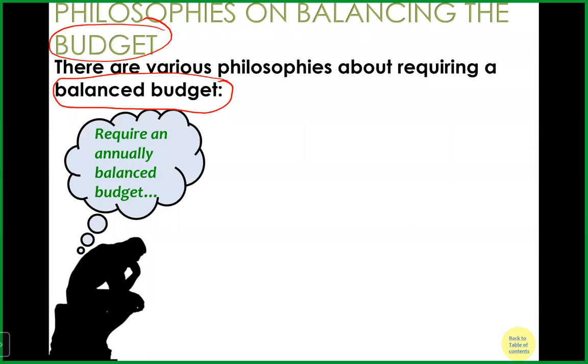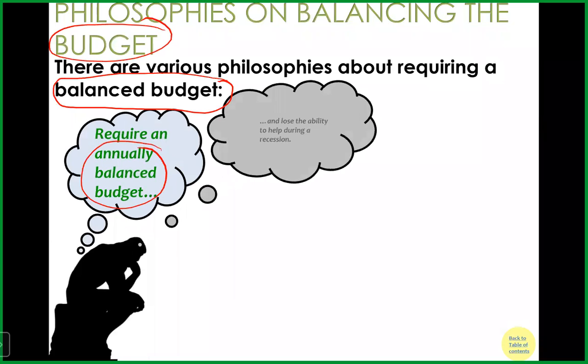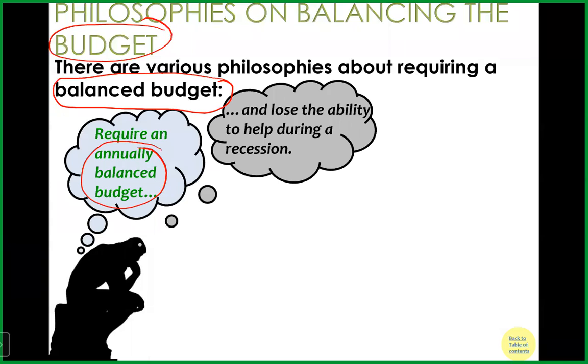But first, let's see why people advocate for a balanced budget. Some people argue for an annually balanced budget. But then what are we going to lose? Let me write it down. If the budget is balanced, it means T, which is tax, equals G plus transfer. This is what they are advocating for.